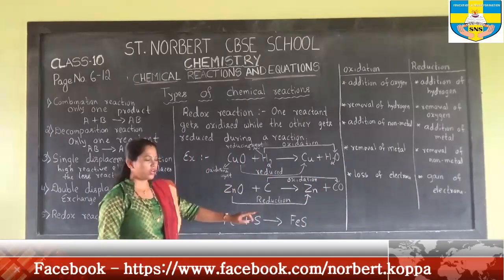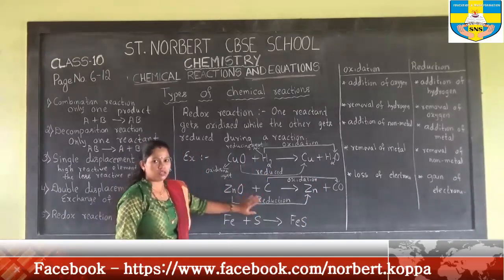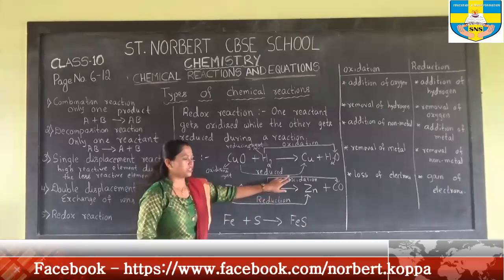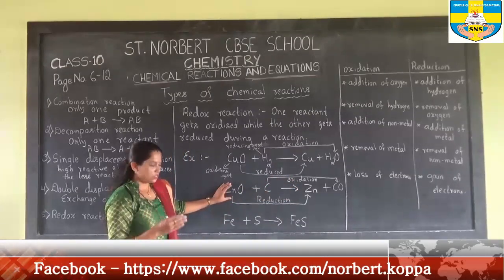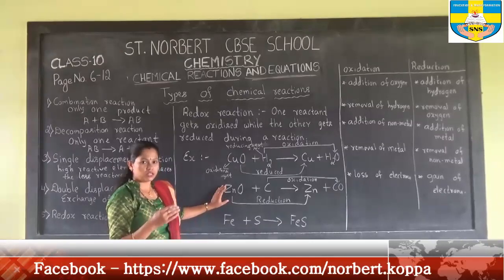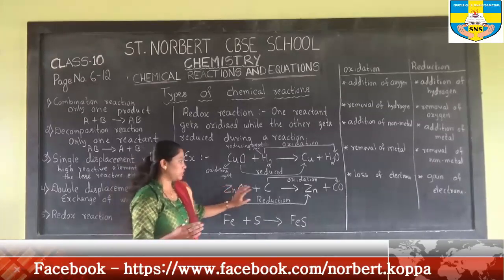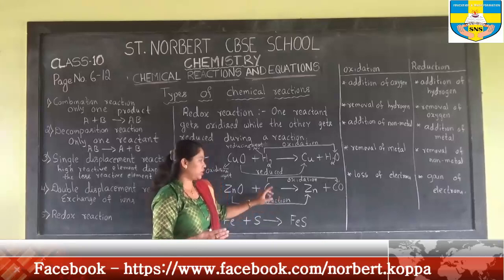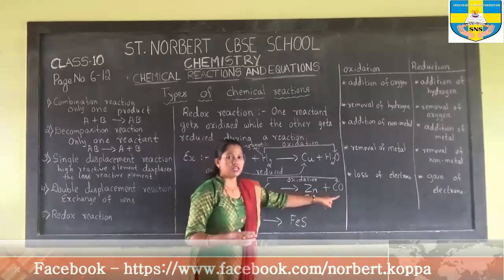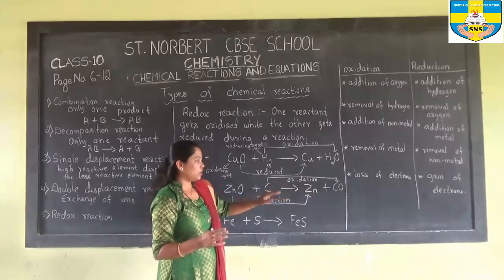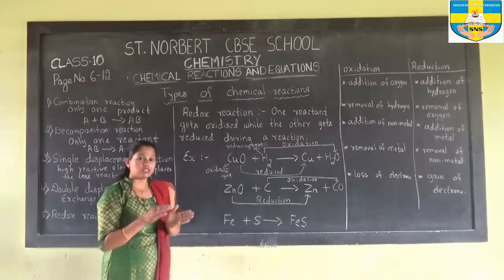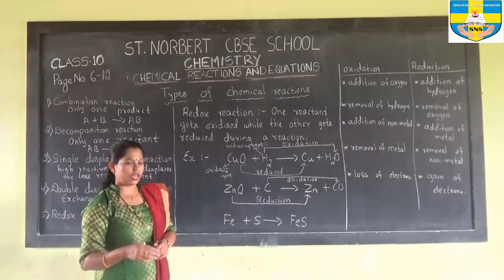So in the same reaction, one substance is reduced, another substance is oxidized. From the ZnO, there is a removal of oxygen, so that is a reduction reaction. For the carbon, there is an addition of oxygen, so that is the oxidation. Now identify the oxidizing and reducing agent.